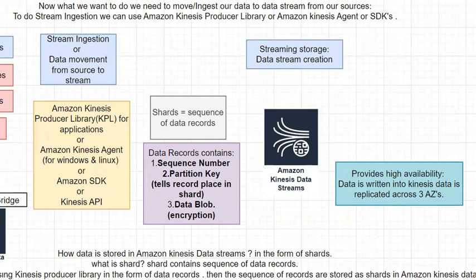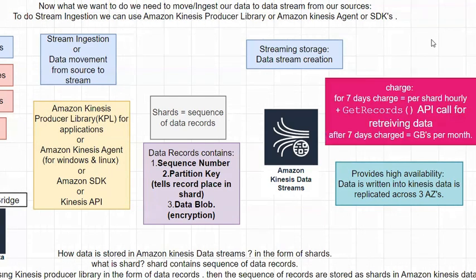At last, you need to know about pricing also, right? Yes. So for pricing, for the first 7 days, you will be charged hourly per shard, and also for how many GetRecords API calls you made.